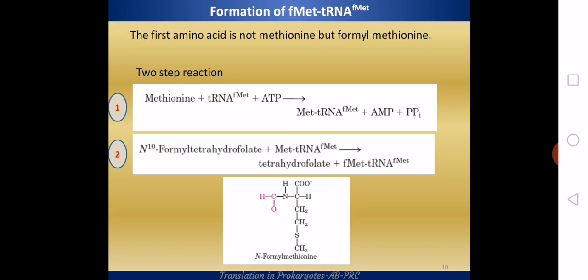And in the second stage, the methionine bound to the tRNA will be formylated with the help of N10-formyl tetrahydrofolate. It's an enzymatic reaction, and there is a transfer of the formyl group onto the methionine to form formyl-methionine. So this is the initial stage of activation of amino acid and charging of tRNA with the activated amino acid.